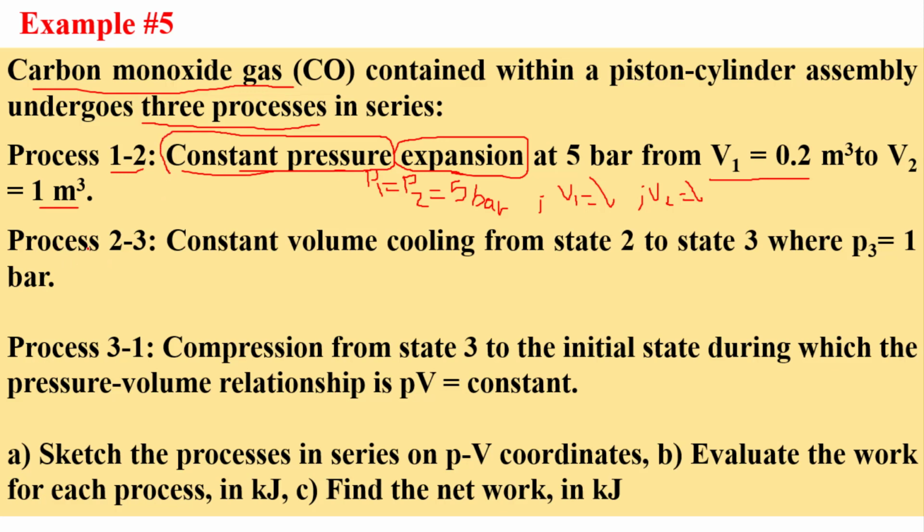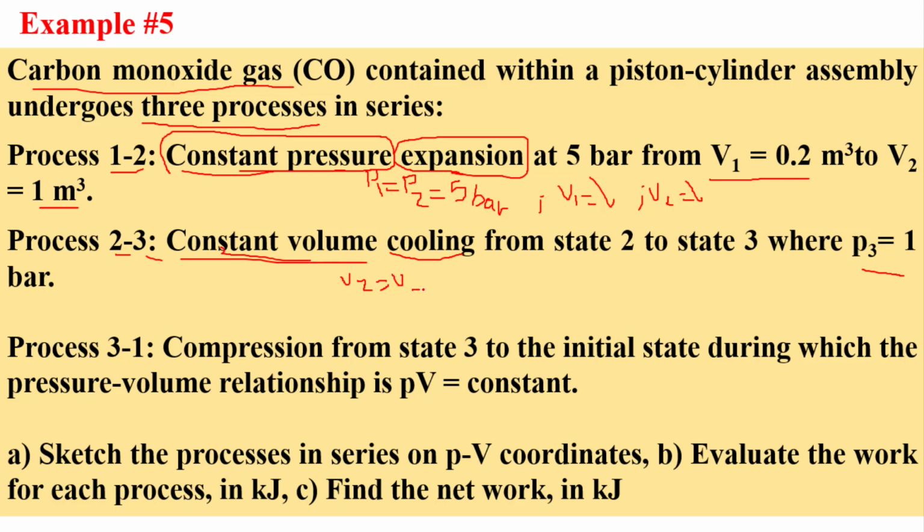Process 2 to 3 is a constant volume process, and it is cooling from state 2 to state 3, where pressure P3 equals 1 bar. Here we already have V2 from the previous process, and it's mentioned constant volume.